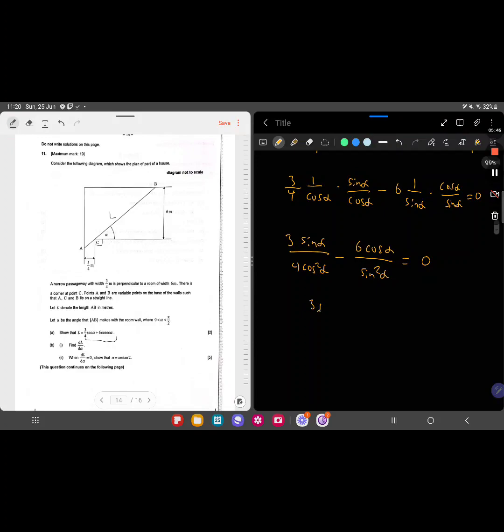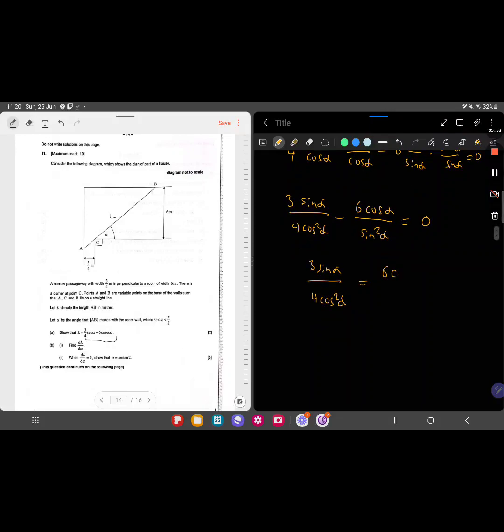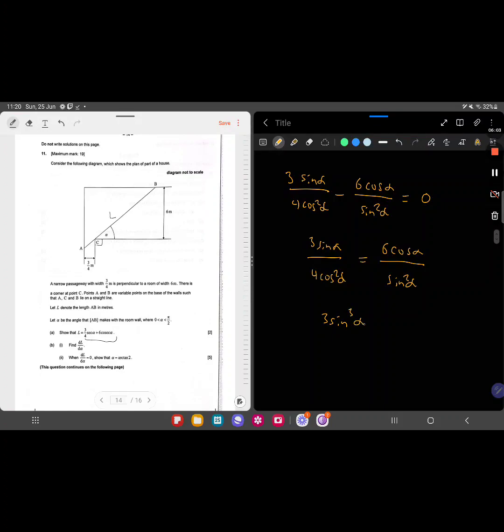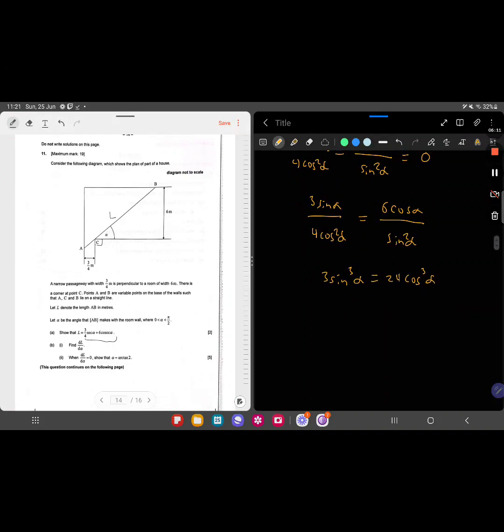Add to both sides, it's literally what I'd do in an exam. Multiply by sine squared alpha. So 3, I can see that, I can make a tan from it. Sine cubed alpha equals 24 cos cubed alpha.